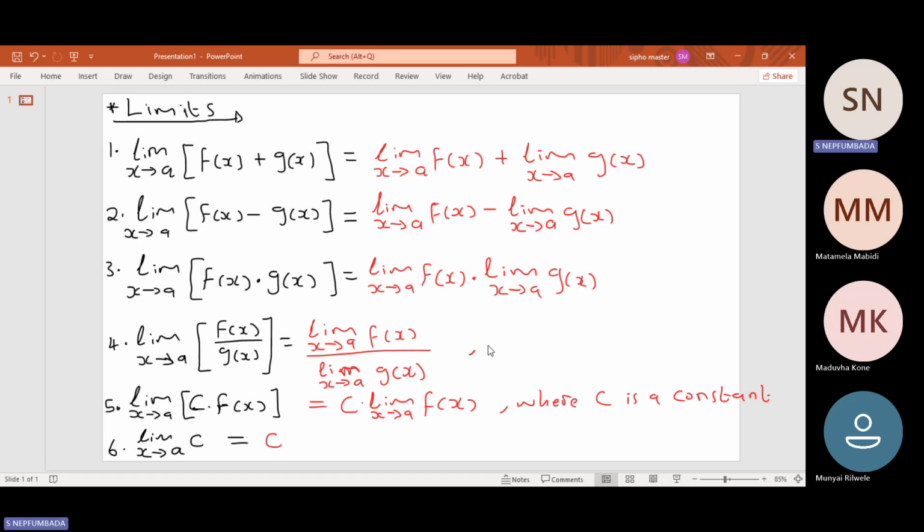And for the quotient, g at x must not be equal to 0. Because if g of x is equal to 0, then we will have a problem. Are we good? Yes. It simply means that we're going to have a big problem. Can we proceed and do examples? Yes.